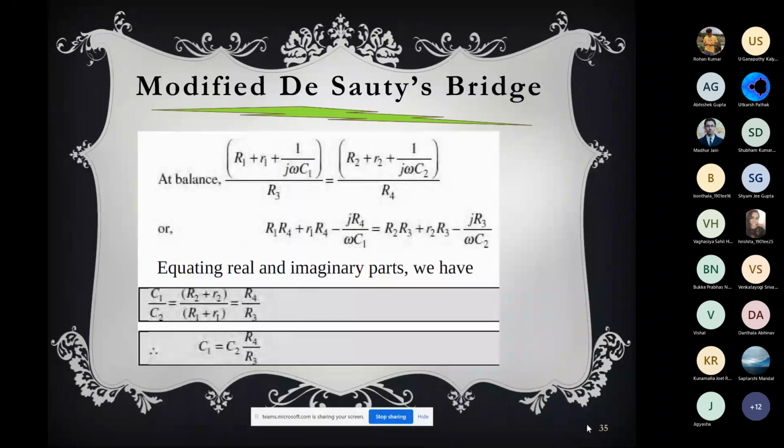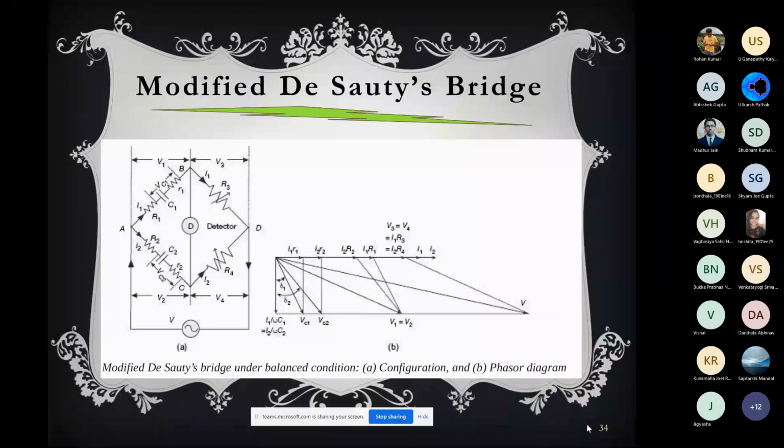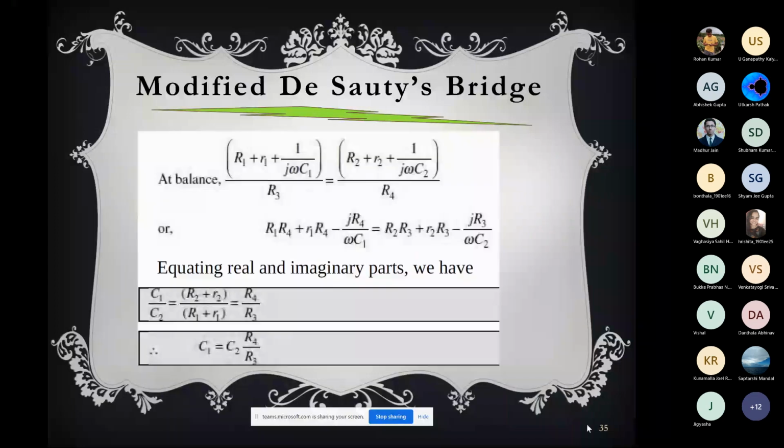Now if you see the balance condition that is achieved, it is capital R1 plus small r1 plus 1 by j omega C1, divided by R3. R3 is unaltered. Now here, instead of only 1 by j omega C2, R2 plus small r2 is also coming. That is also included.